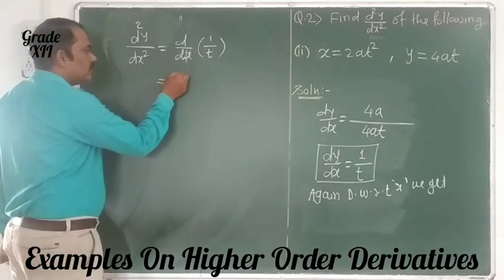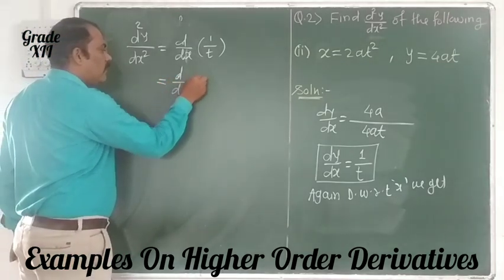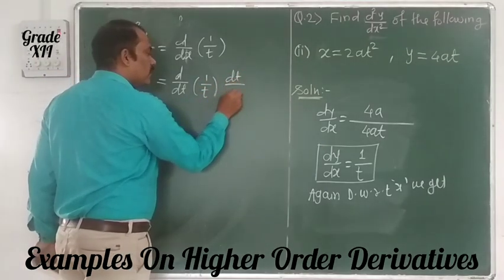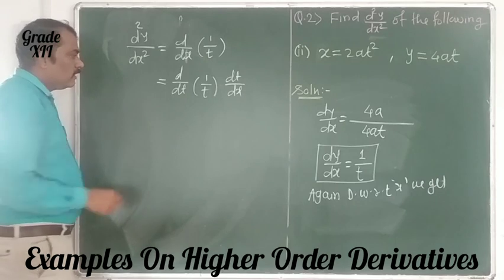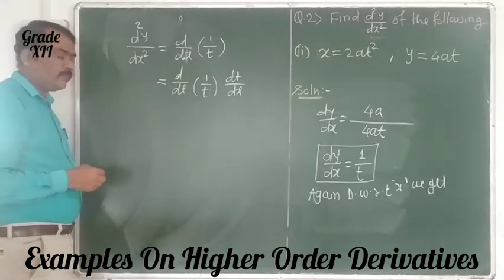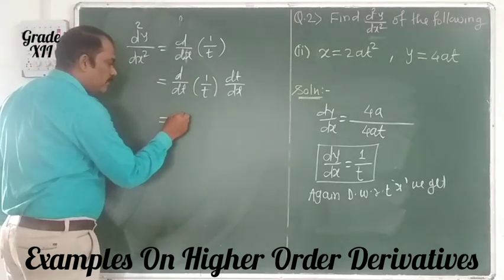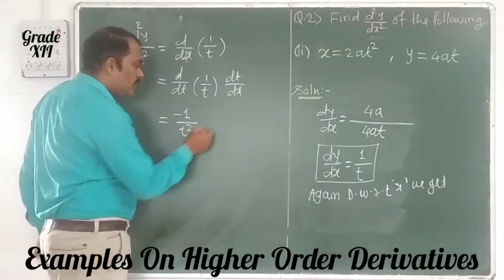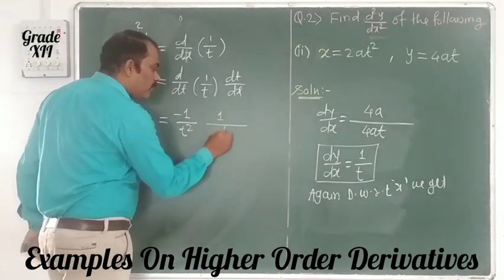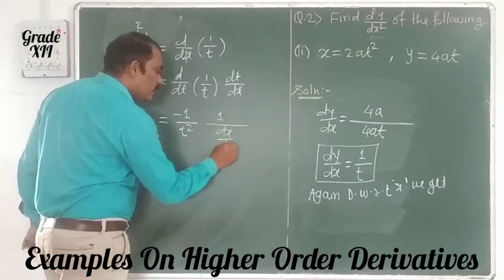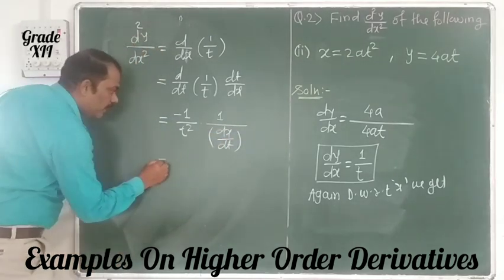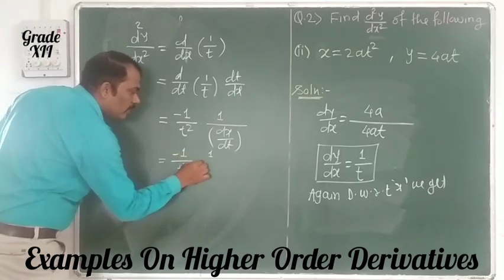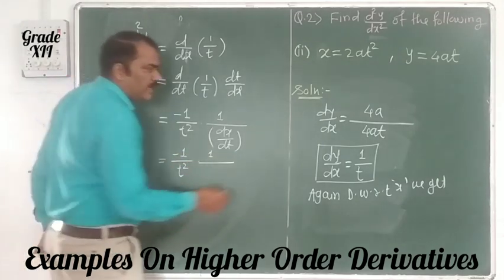This can be written as d by dt of 1 upon t into dt by dx. Okay. 1 upon t, standard formula, its derivative is nothing but minus 1 upon t square. By using the derivative of inverse function, we can write 1 upon dx by dt. So we get minus 1 upon t square into 1 upon, what is the value of dx by dt?